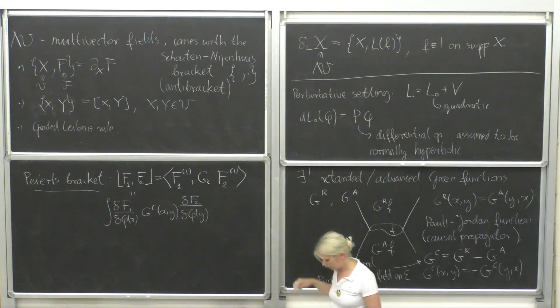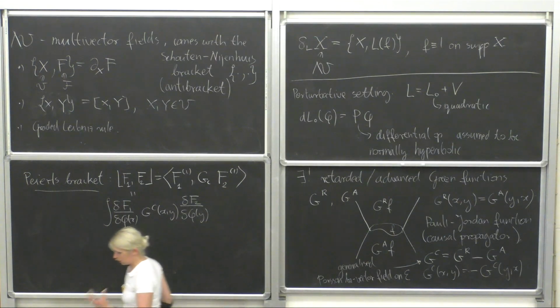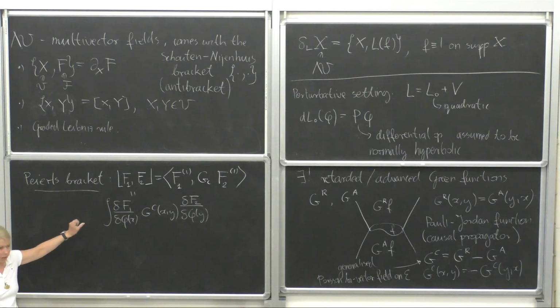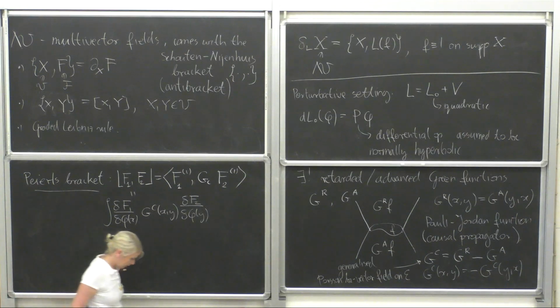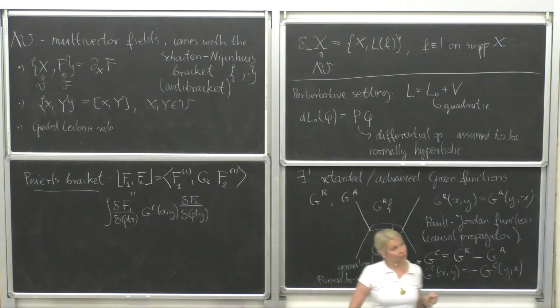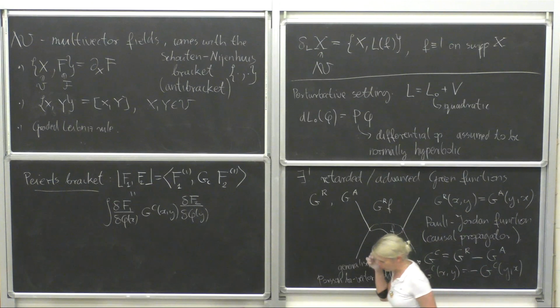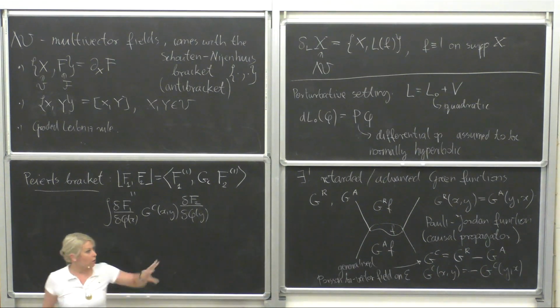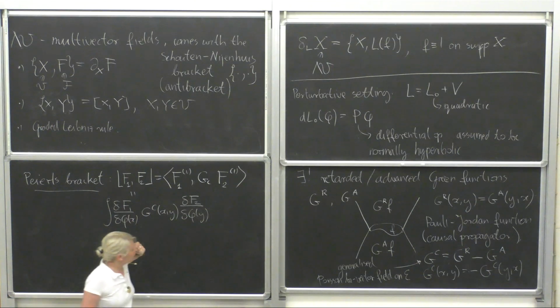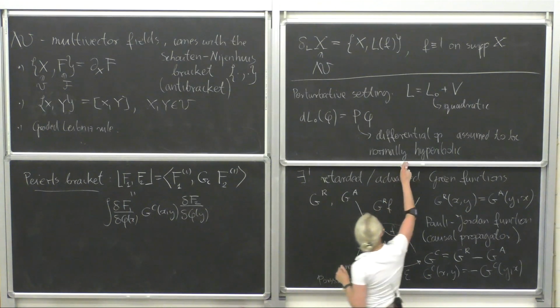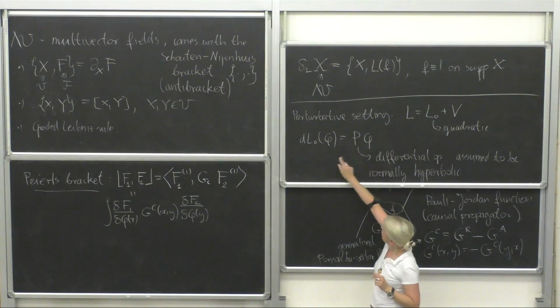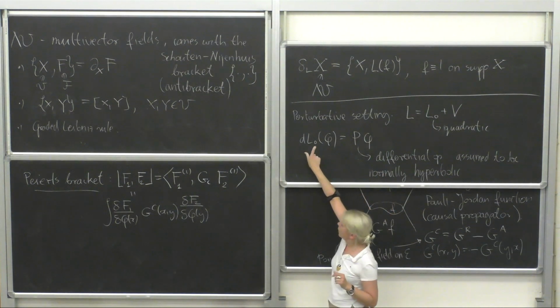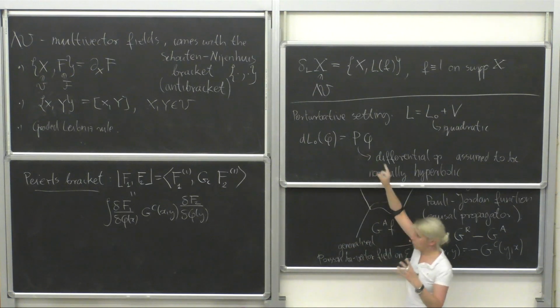Okay, you can check. This is not entirely trivial computation, but you can check that this. Actually, no. But for the constant case, this is trivial. But you can define this bracket also for non-constant situation, which means that for the case that well, dL is nonlinear, right? It depends on phi.